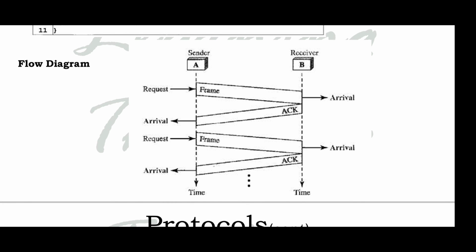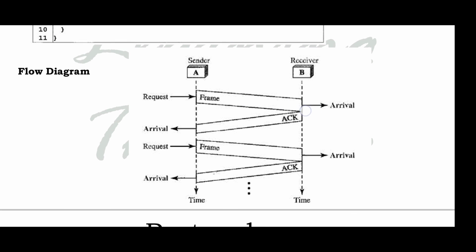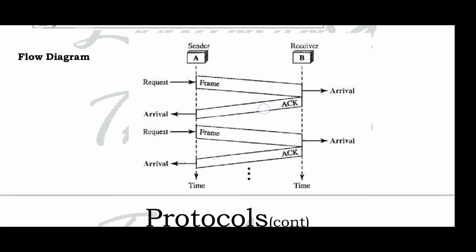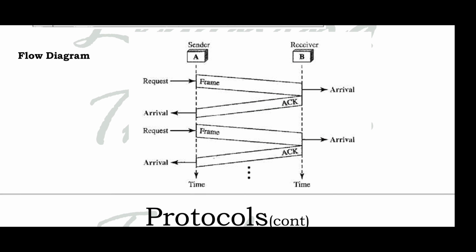And the flow diagram for this is shown in figure 4. The sender sends one frame and waits for feedback from the receiver. Note that sending a frame in this protocol involves the sender in 4 events and the receiver in 2 events.